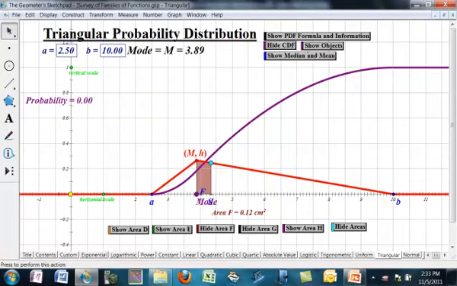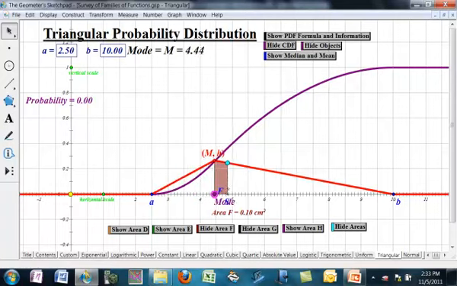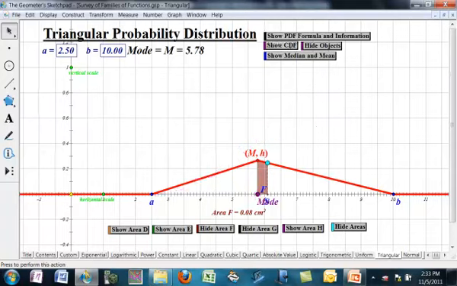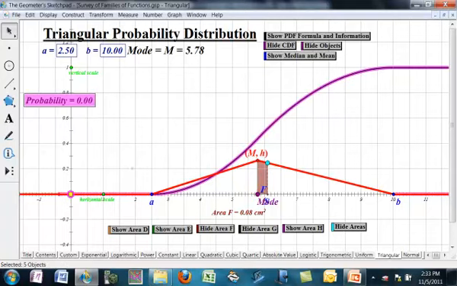Okay, let's look at one more thing. If we look at our CDF here, here's a point.